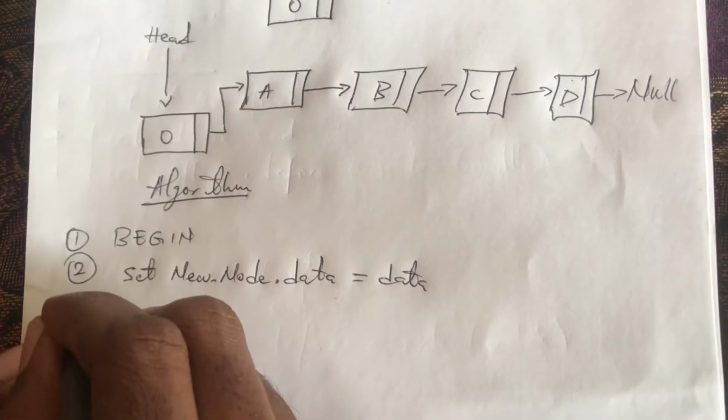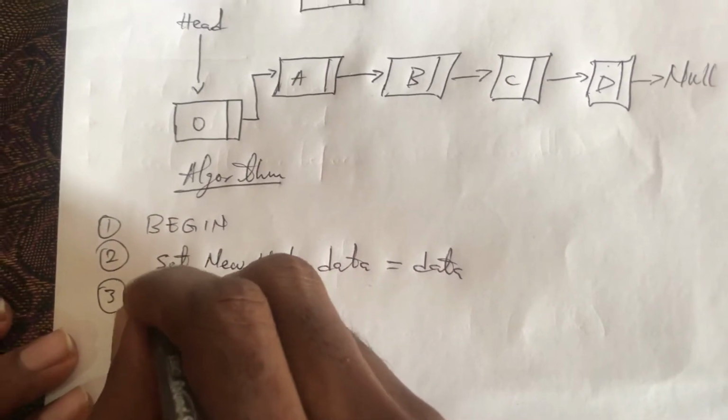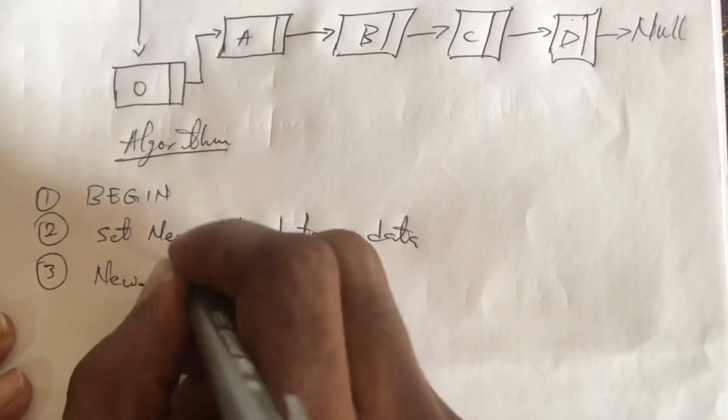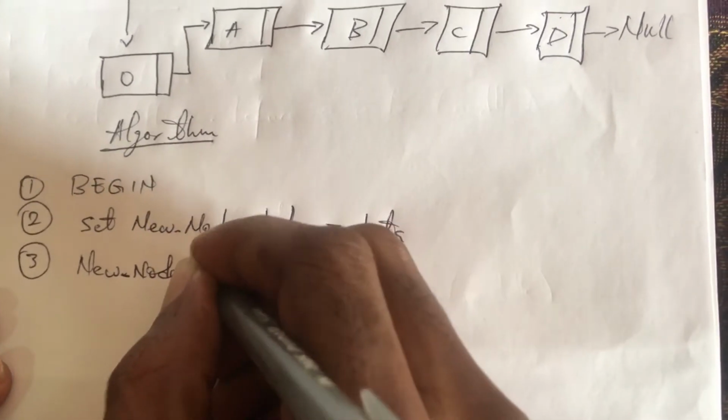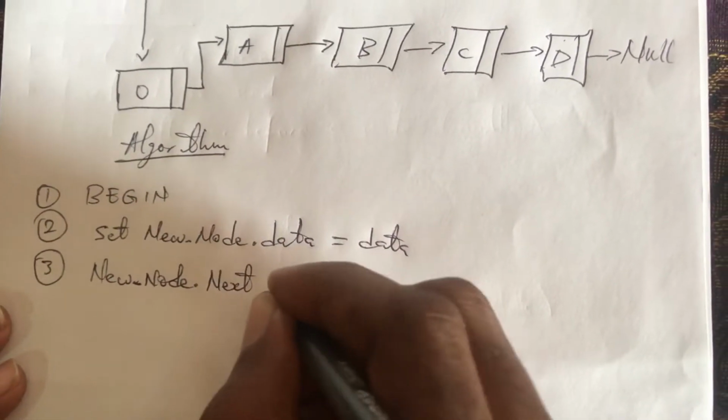Then the next one, 3: new node dot next. Usually the next is assumed to be the pointer.